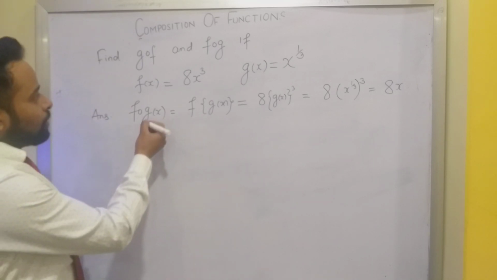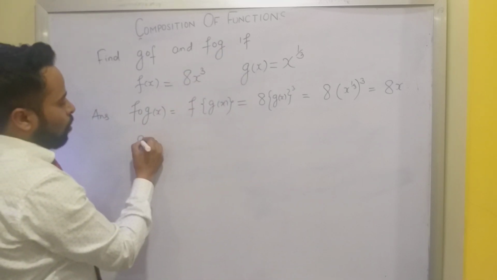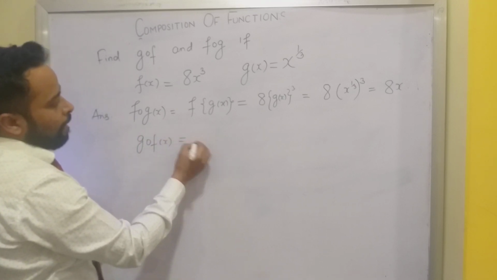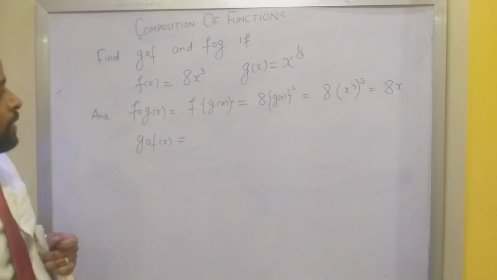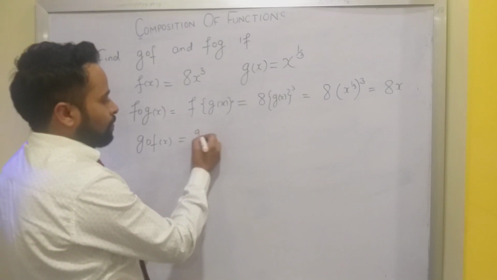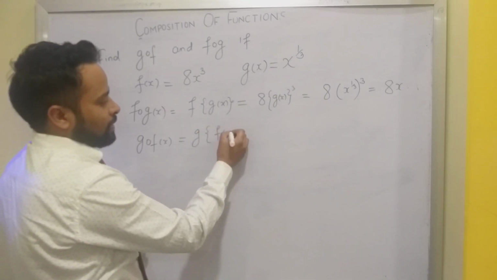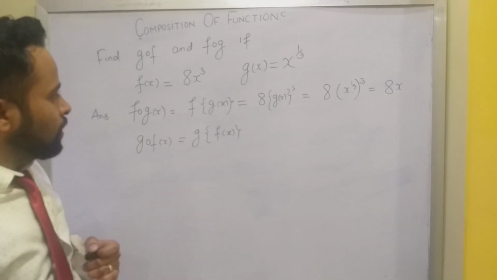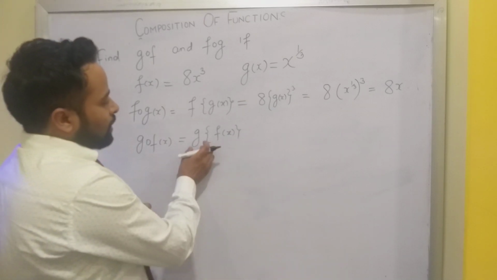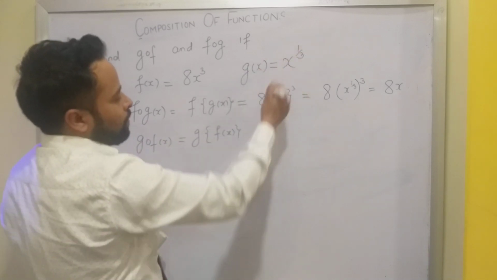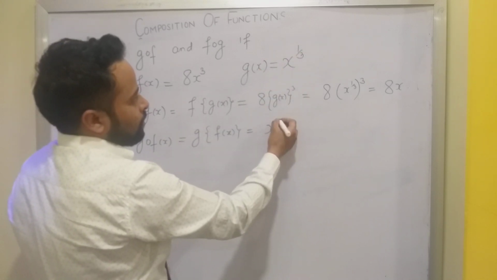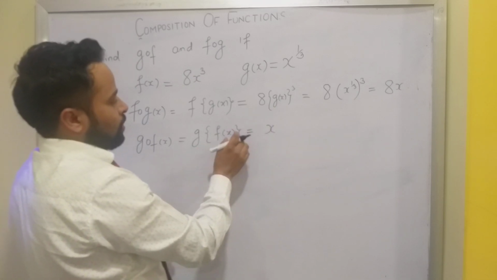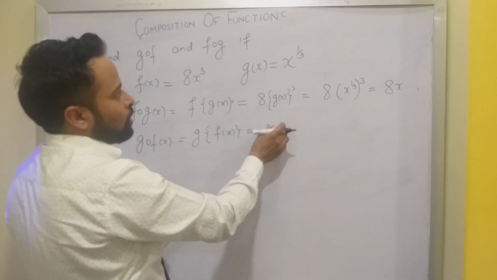And if I have to find GOF of x, GOF of x is g of f of x. You try, you can try yourself. What is g of x? g of x is x to the power 1 by 3.